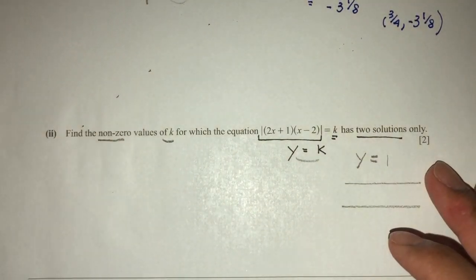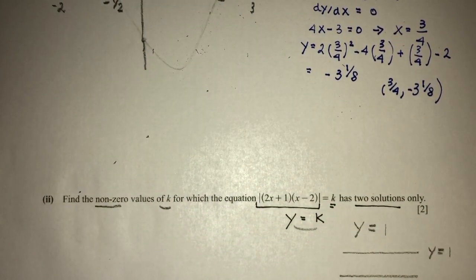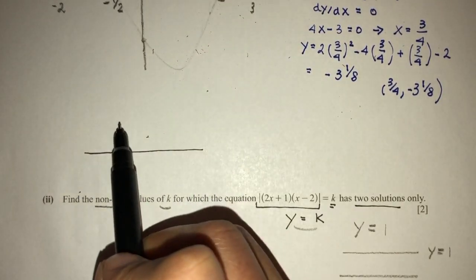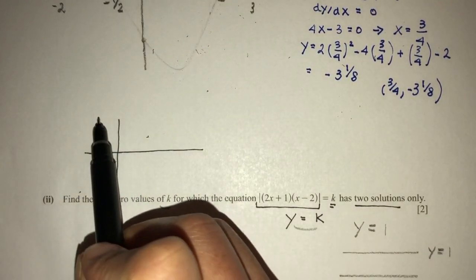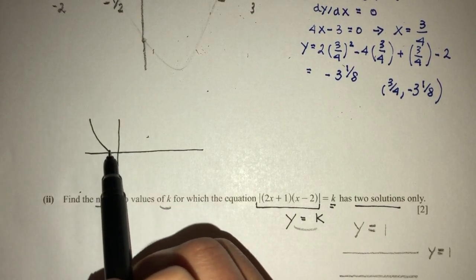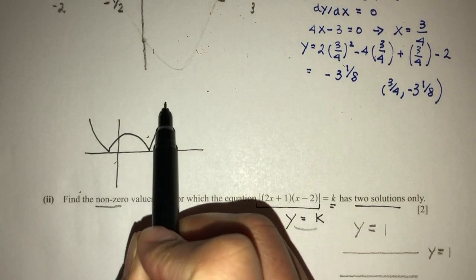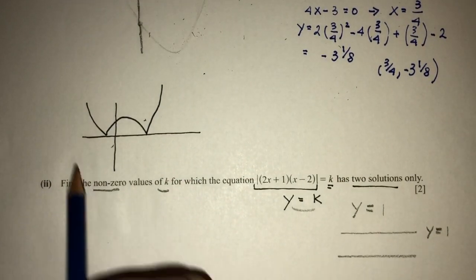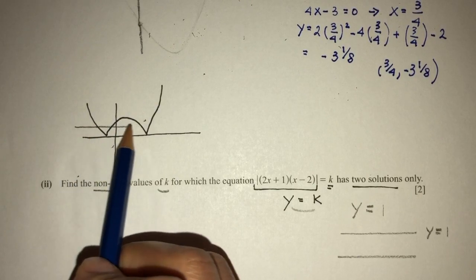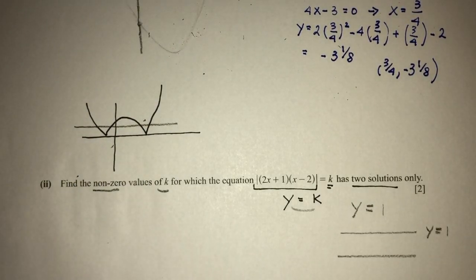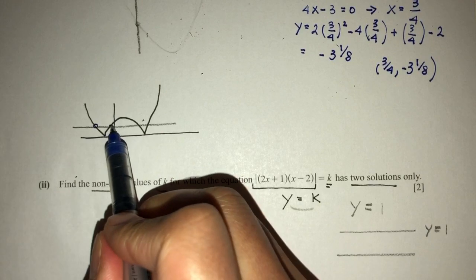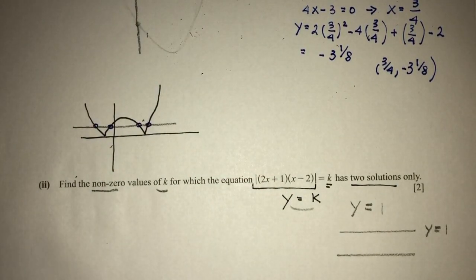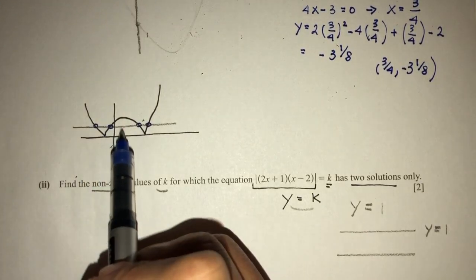For example, if you go back to our graph, let's say my graph is something like this. Okay, so right now my graph looks somewhat like this. It's not perfect, so we just need to understand the idea. So if I draw a horizontal line here, what can you see? You can see there is 1, 2, 3, 4 points of intersection, and this is not what we are looking for, so we have to keep going up.